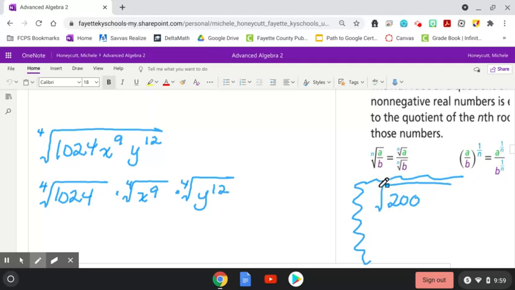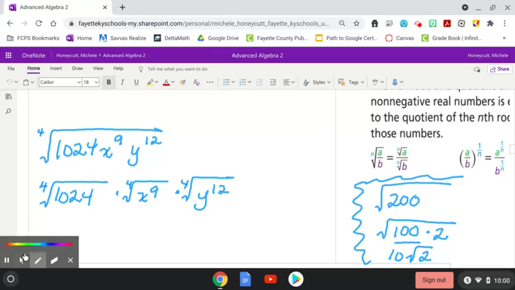Since I was taking the square root, I was looking for a perfect square. Square root, perfect square. See what that has in common there? A perfect square that would divide into 200. Then you would take the square root of 100 and leave the 2 on the inside. We're going to do something similar, except instead of looking for perfect squares, I'm going to look for a perfect fourth power that will divide evenly into 1024.